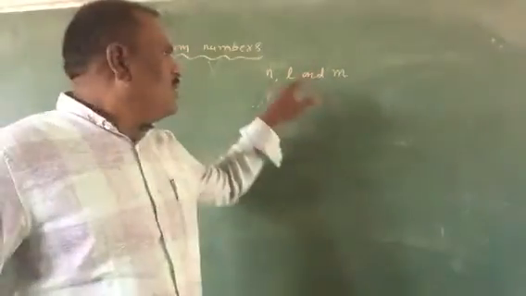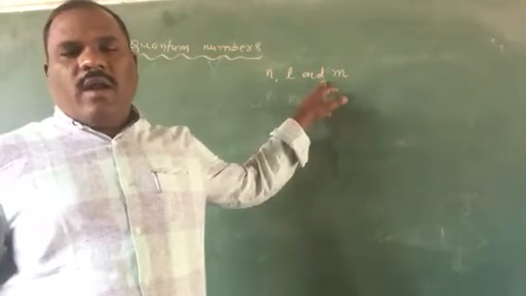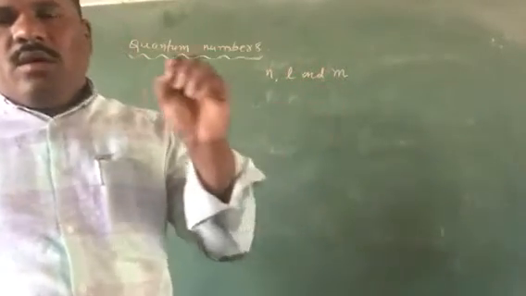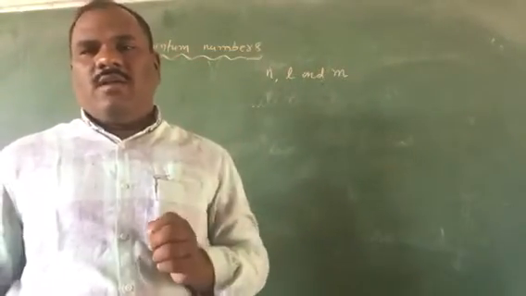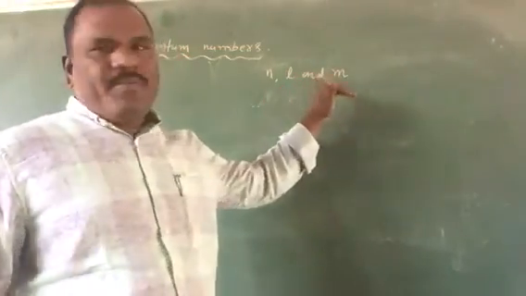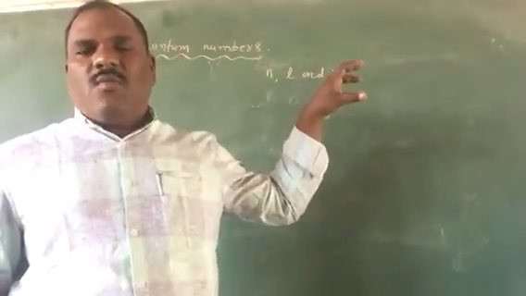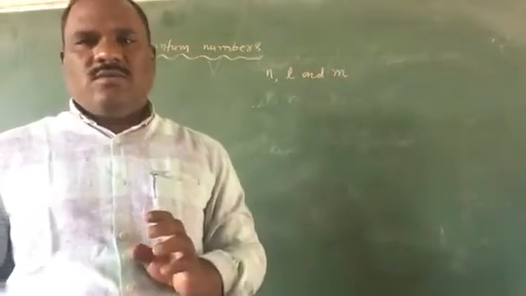N, l, and m indicate the probability of finding the electron in the space around the nucleus.